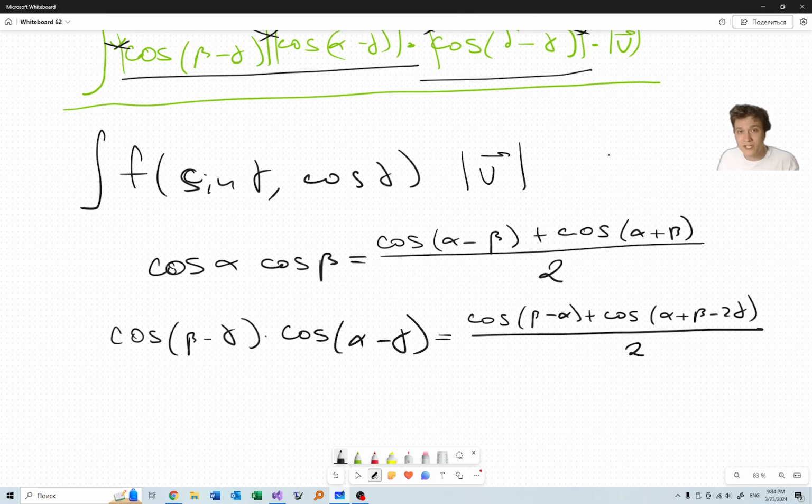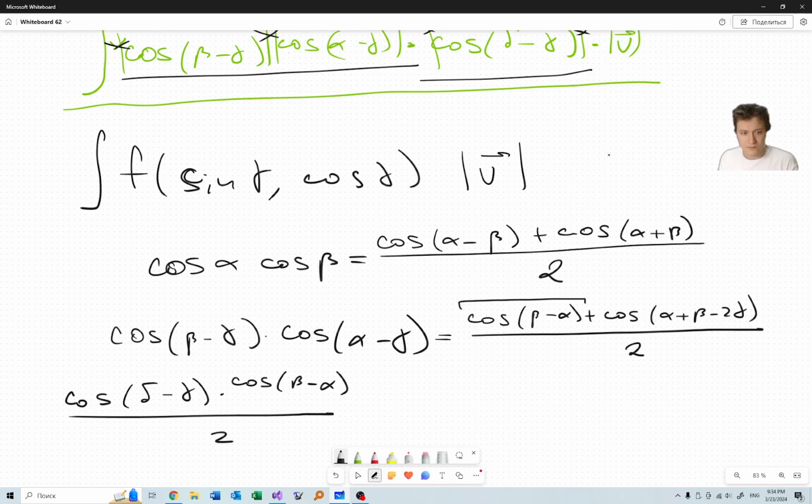Okay, first of all, I don't want to multiply some constant cosine by some non-constant cosine. So my first addend is simply cosine delta minus gamma times cosine beta minus alpha over 2. Okay, now let's combine these two cosines.